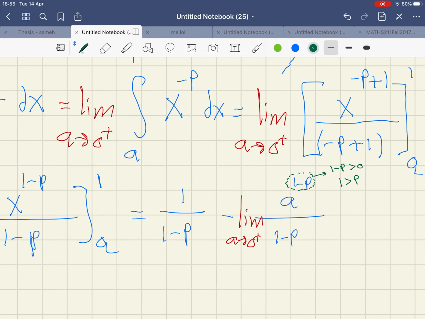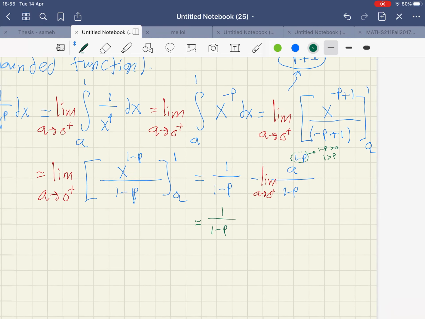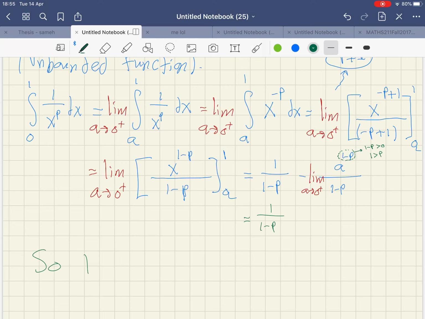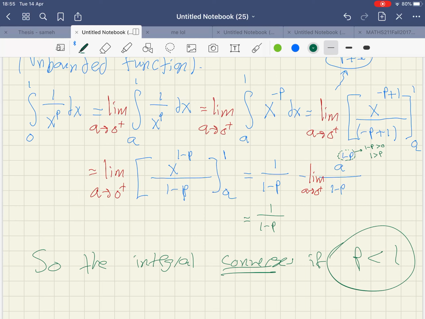In that case, the final answer will be 1 over 1 minus p. So the integral converges if p is less than 1. Otherwise, if this is negative, it diverges.